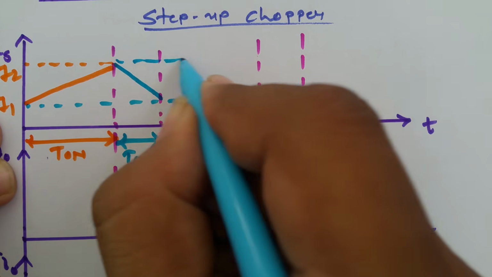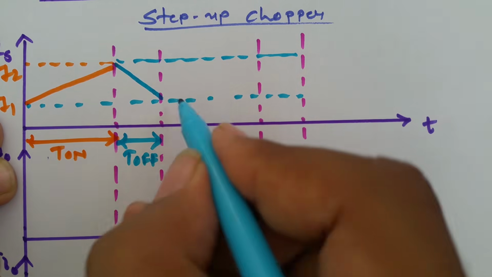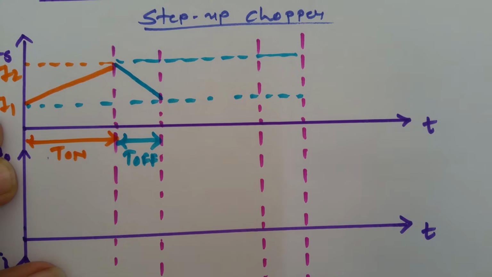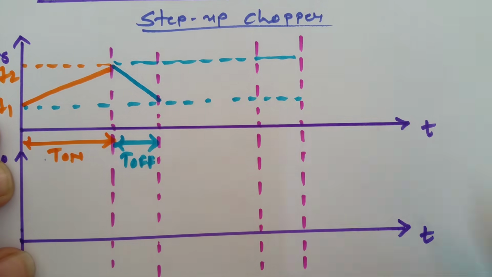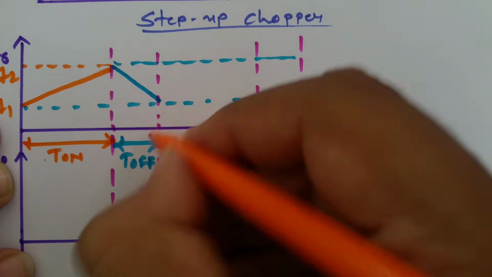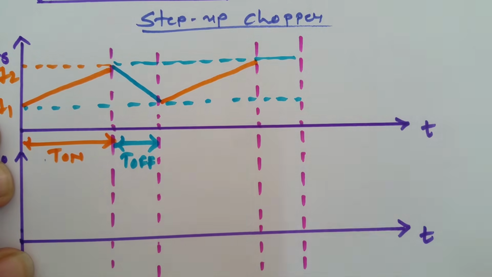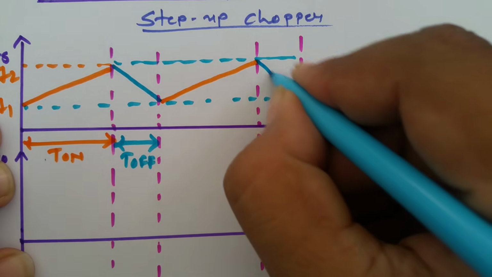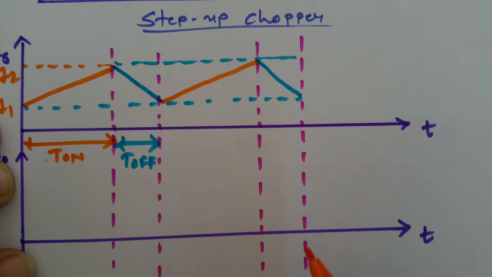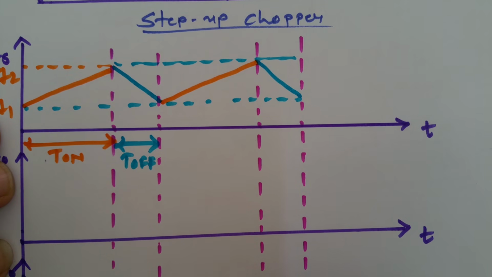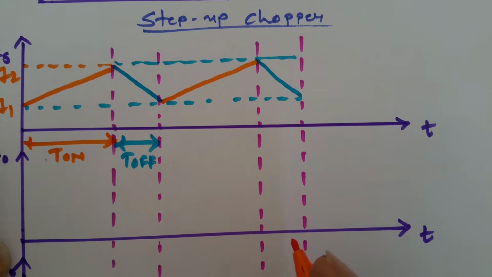That is how current is decreasing from I2 to I1 during T off. That is the process which is getting repeated. So during T on, current will increase, and during T off, current will decrease like this. That is how current flows through the inductor.